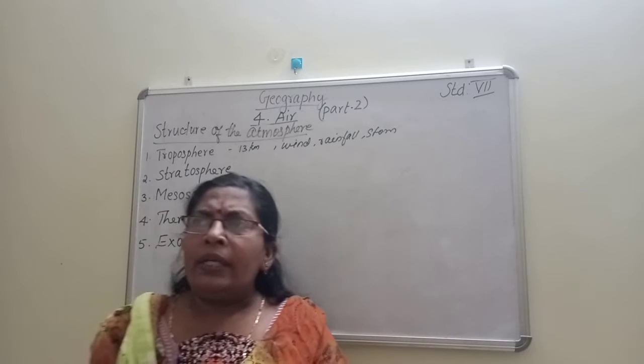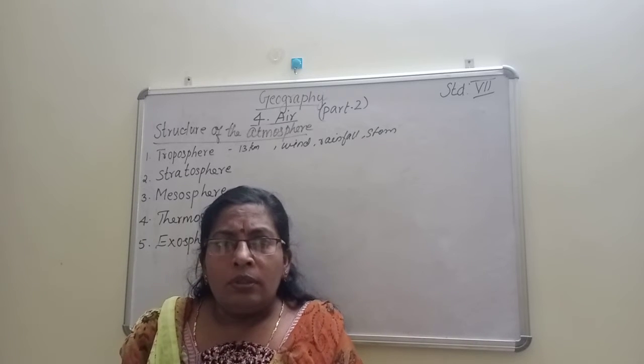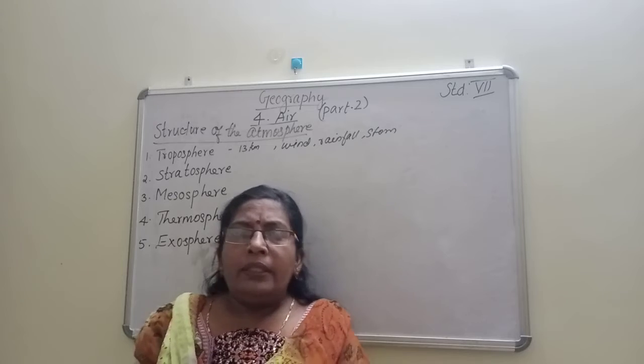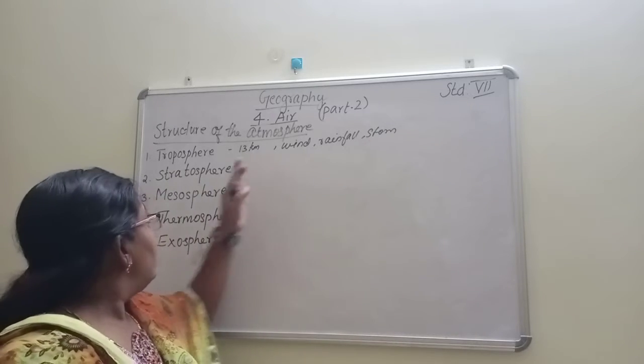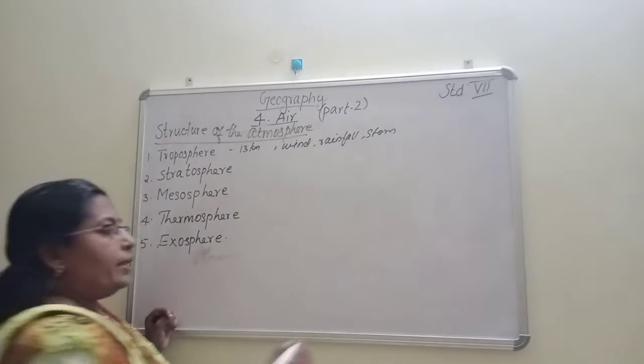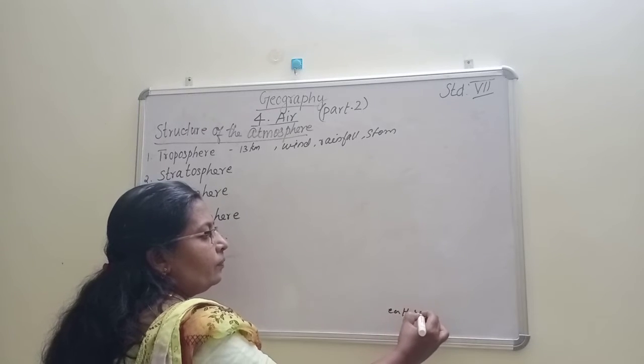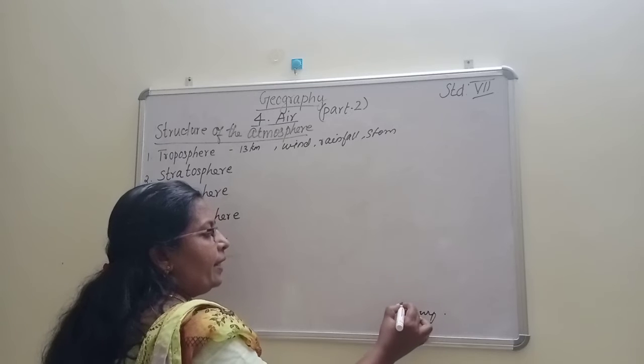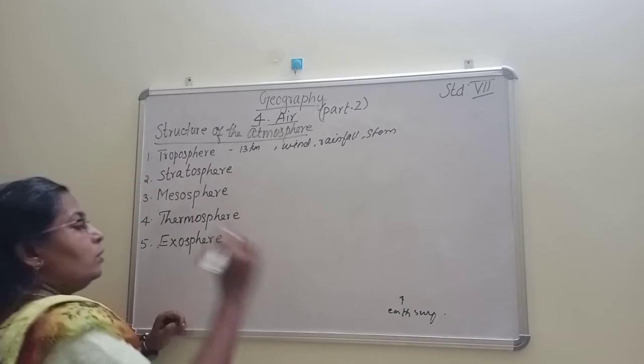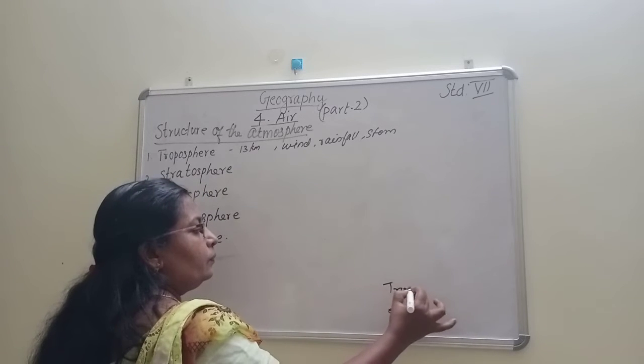Then next is stratosphere. This is above the troposphere. First one here is the earth surface, then above is troposphere.